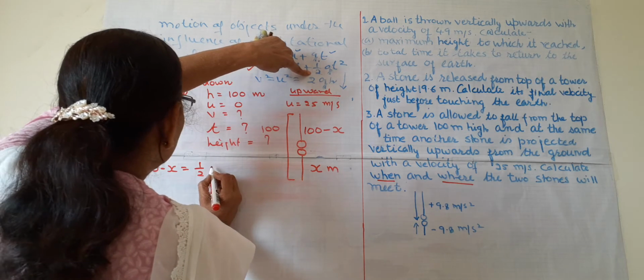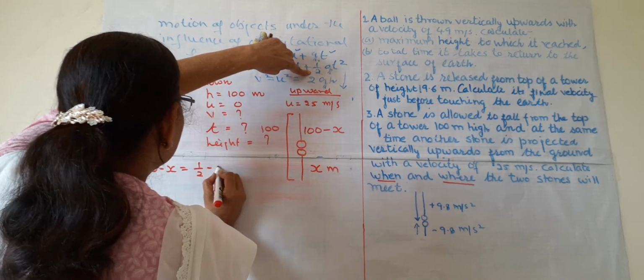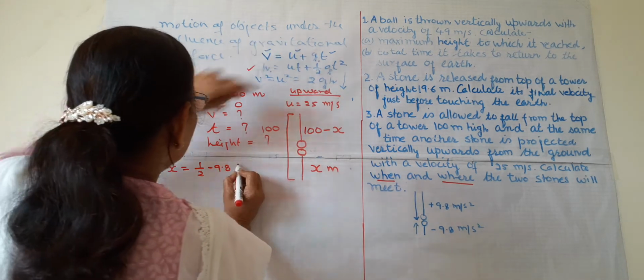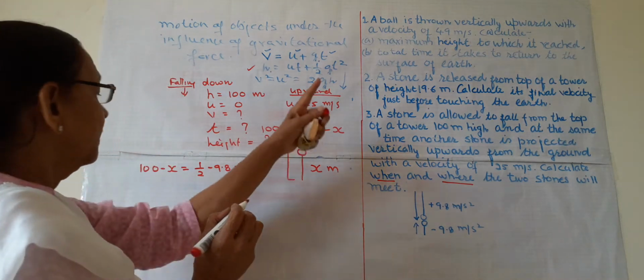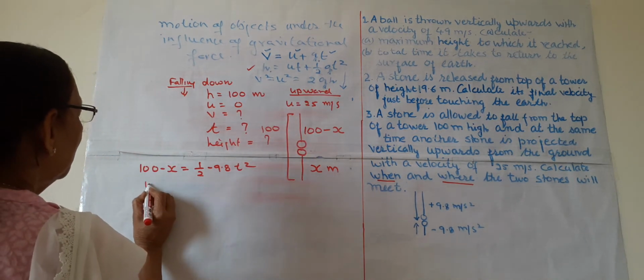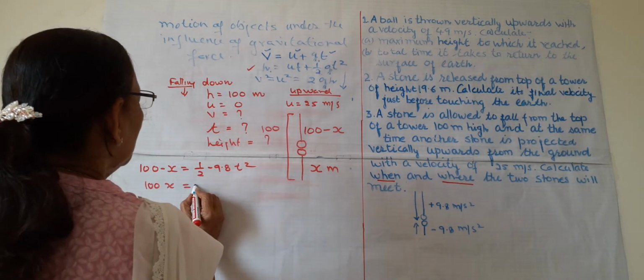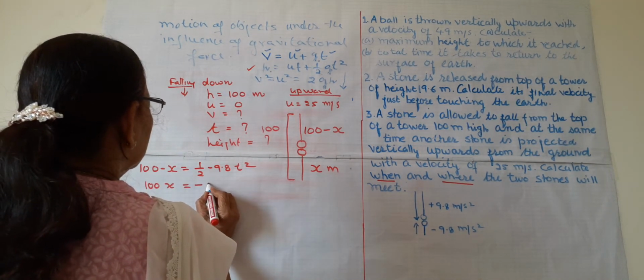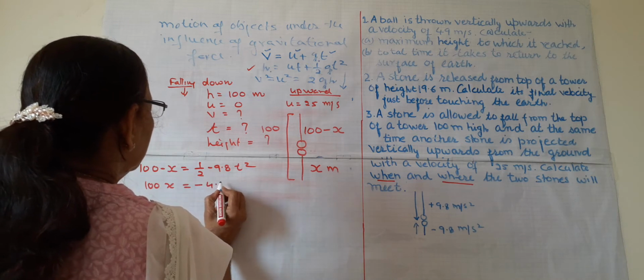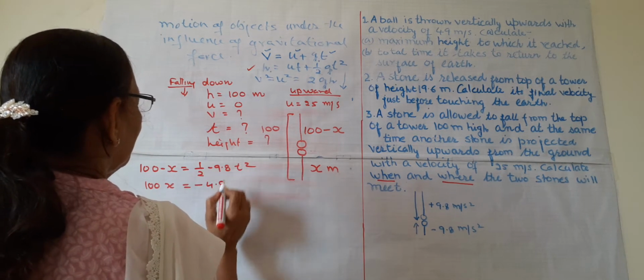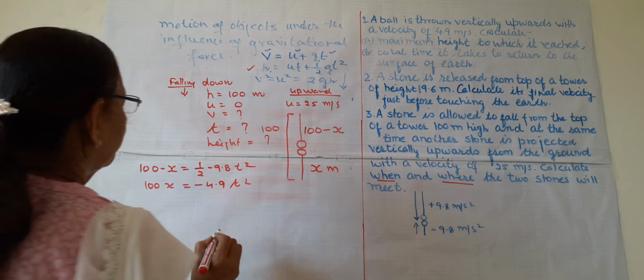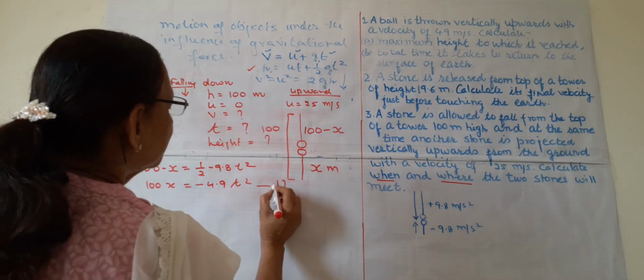It is coming down, so it will be minus 9.8 and t square, which is 4.9 t square. So this is suppose the first equation.